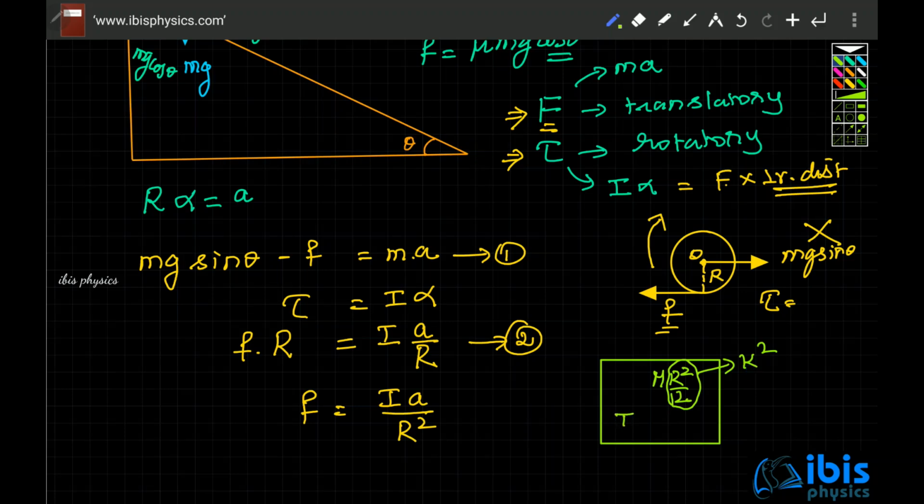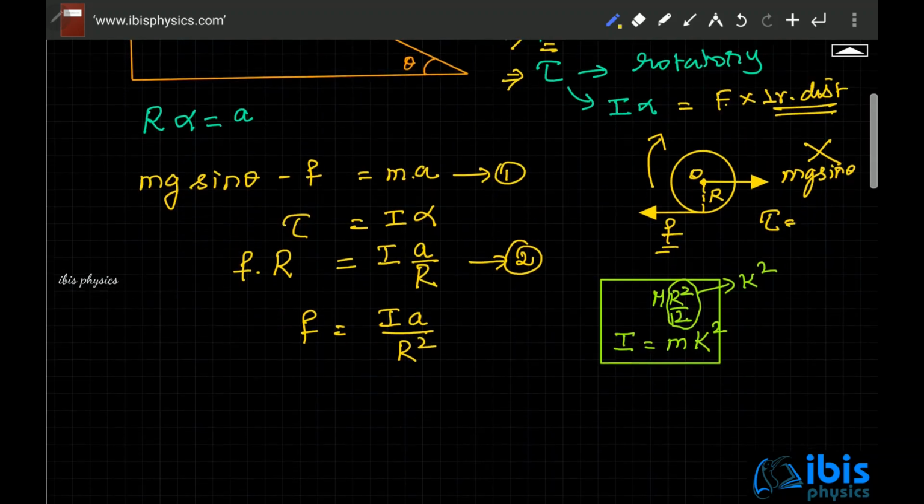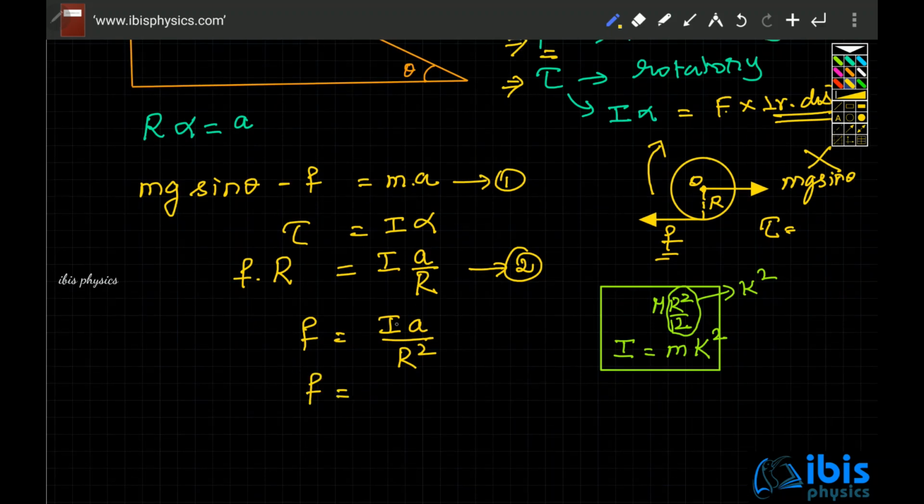So the moment of inertia of any object can be written as the mass of the object into the square of the radius of gyration. Because we have taken the mass as small m, F can be written as I, which is m k square, into a by R square.